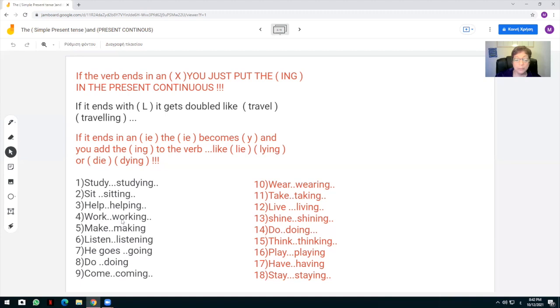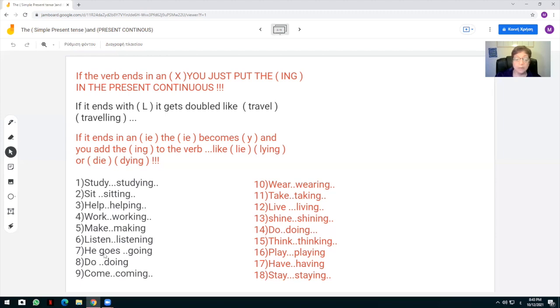The word work in the present continuous becomes working. Help يعني مساعدة. Okay, help, you help يعني بنساعد. 5 is to make, becomes making. 6 is to listen يعني أستمع, becomes listening.